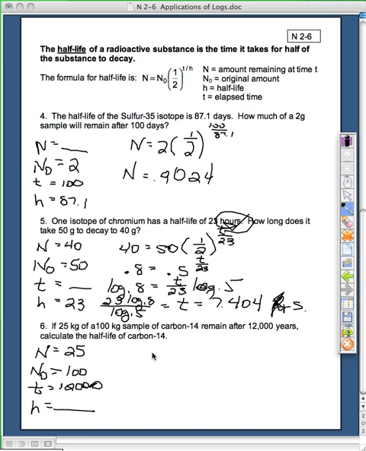Setting it up, we have 25 is equal to 100 times 0.5 raised to the 12,000 over h. All right, so when I divide 25 by 100, I have 0.25 is equal to 0.5 raised to the 12,000 over h. Take the log of both sides.